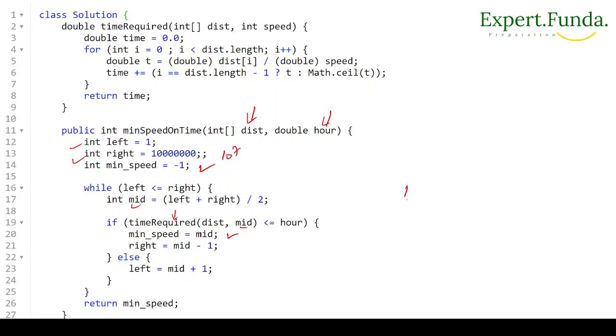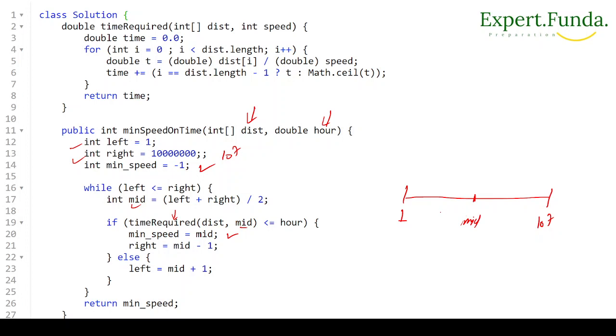Let's suppose this is the range, this is your left at 1 and this is right at 10 to the power 7. In between, we get mid here currently, where mid is left plus right by 2.